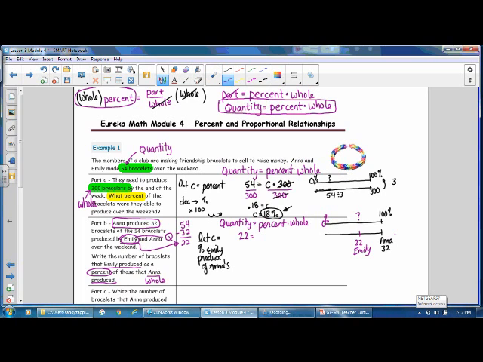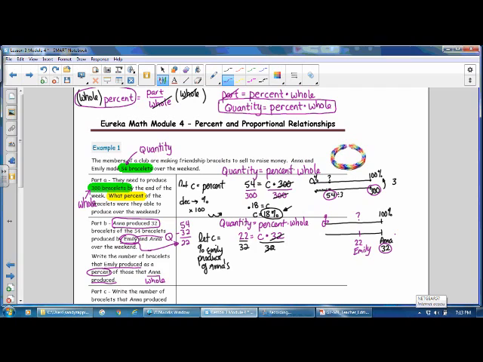And then our percent is the unknown C, and the whole is the 32 bracelets produced by Anna. So I want you to notice that we are not comparing it to 300 bracelets, which was the total produced. We're not comparing it to 54, which is the amount that they produced together. We are comparing it to 32, which is the amount Anna produced. So let's go ahead and solve this. Divide by 32. Whatever operation you perform on one side, you have to do the same on the other.